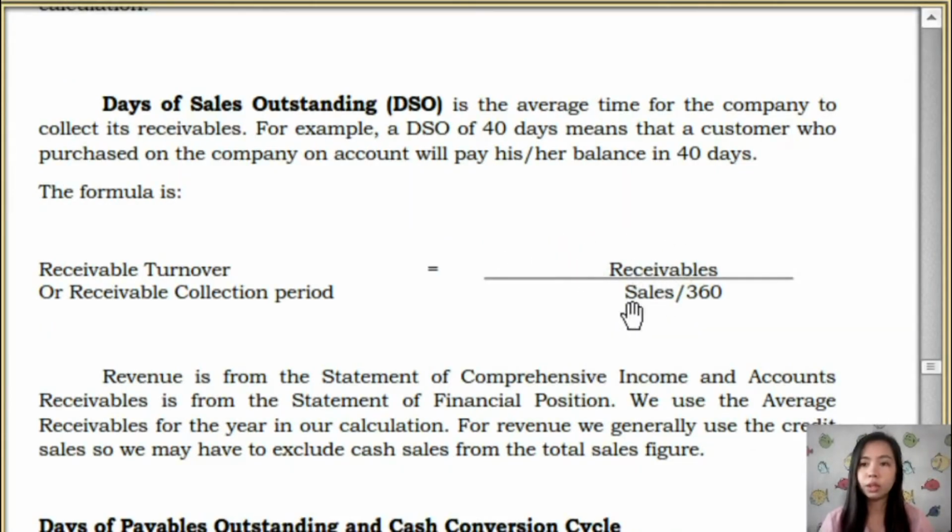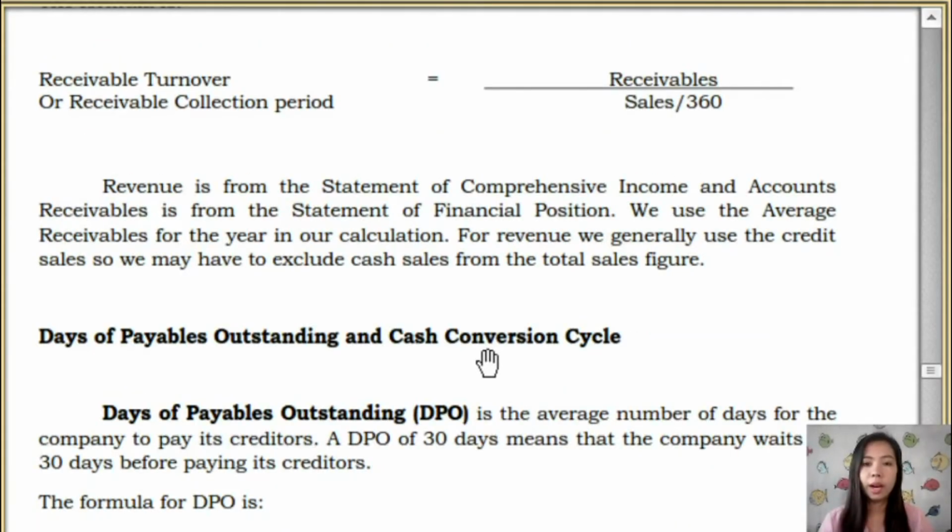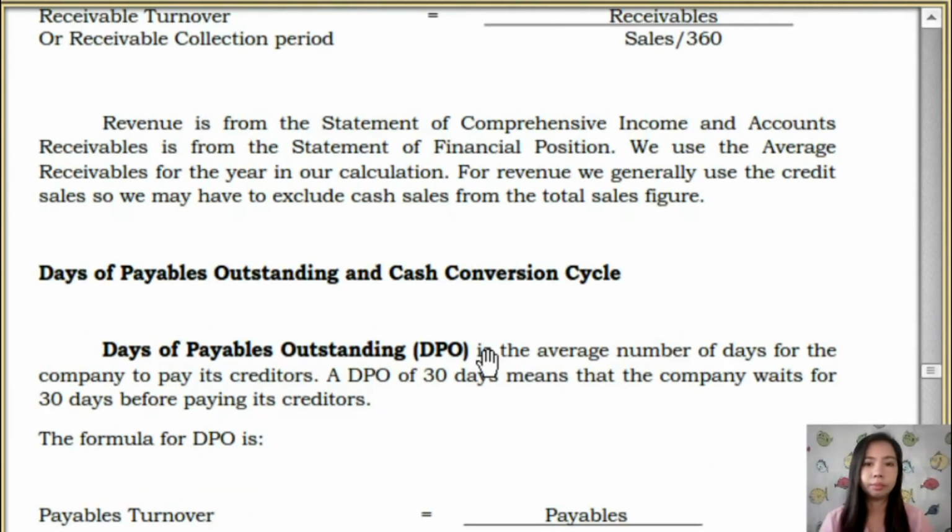So, receivables over sales over 360 days. Okay, revenue is from the statement of comprehensive income or the income statement. And accounts receivable is from the statement of financial position. Okay, so we use average receivables for the year. Puro mga average ang gagamitin natin.